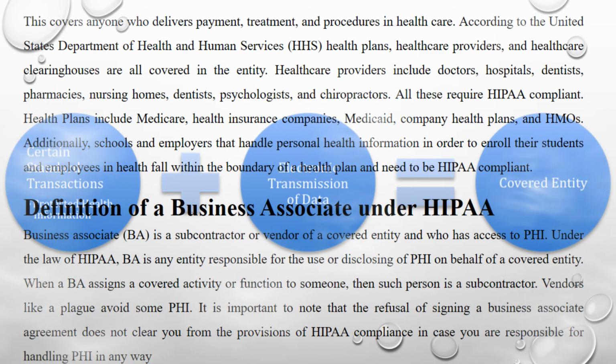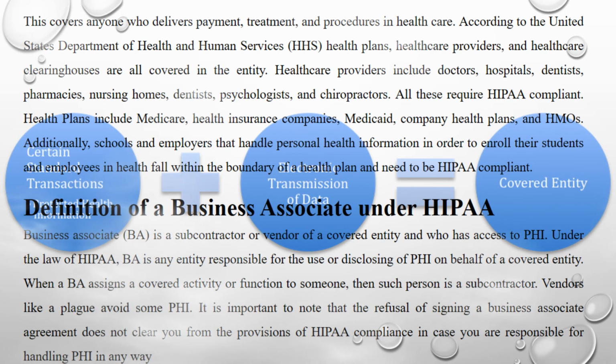All these require HIPAA compliance. Health plans include Medicare, health insurance companies, Medicaid, company health plans, and HMOs. Additionally, schools and employers that handle personal health information in order to enroll their students and employees in health plans fall within the boundary of a health plan and need to be HIPAA compliant.